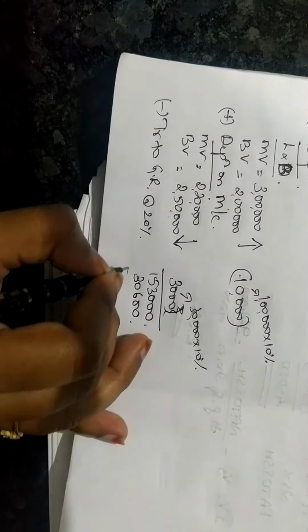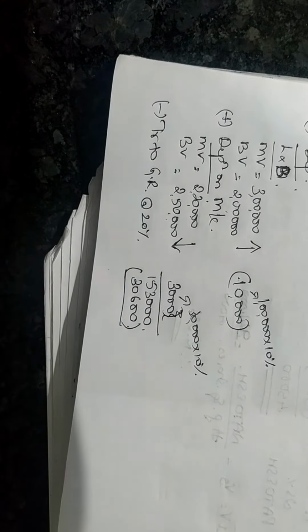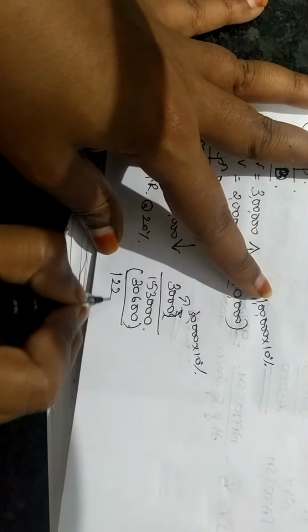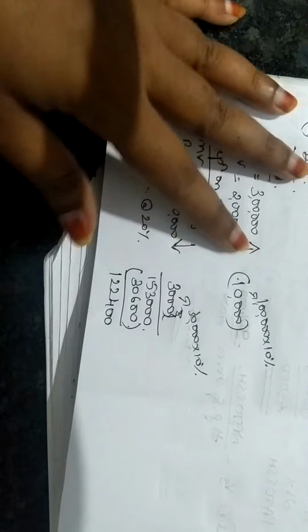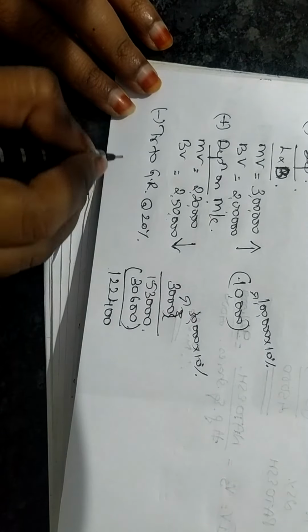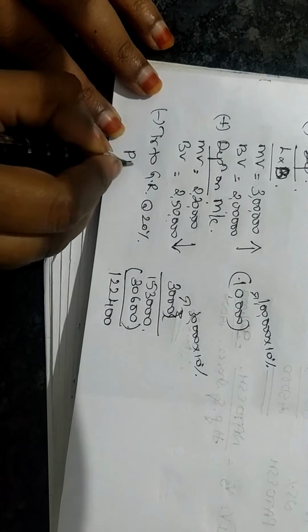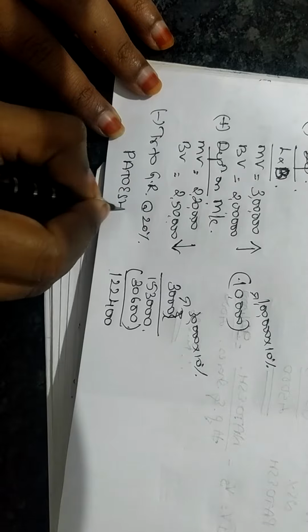So 1,53,000 20% will give you 30,600. So now it is 1,22,400. This 1,22,400 is called your profit available to equity shareholders.